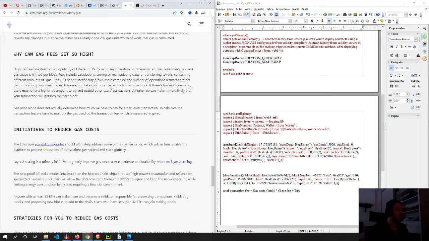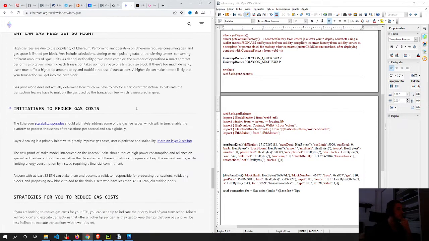But I think probably the same concepts will apply, but instead of mining, fees are gonna be based on the staking amount, something like that. As that functionality grows more complex, the number of operations... yeah, but then the issue, if it is on the staking amount, becomes the problem of the centralization and stuff. So there's probably a balance there as well, somehow.